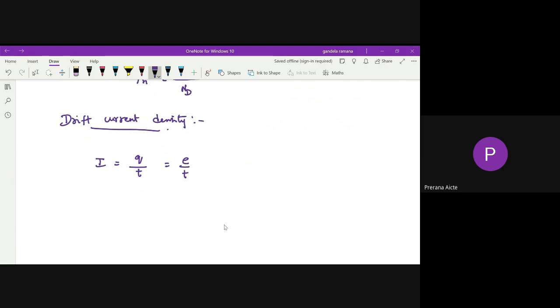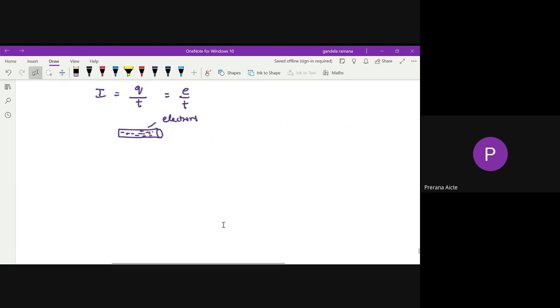So take a certain volume of material with electrons in it. What is the current flowing here?